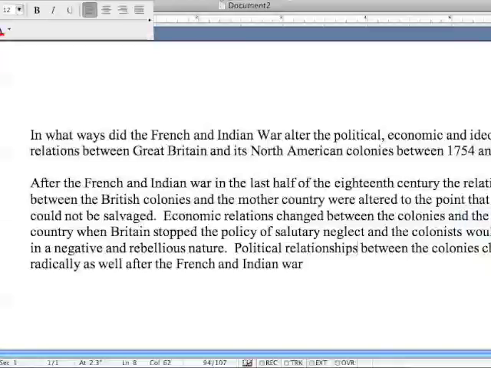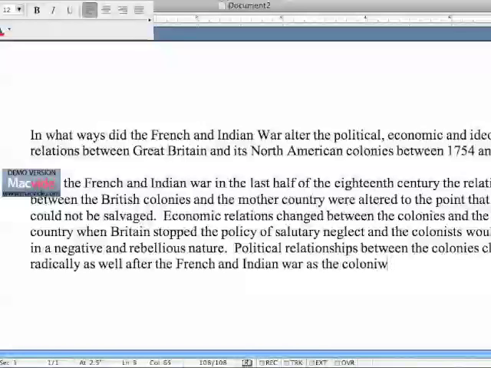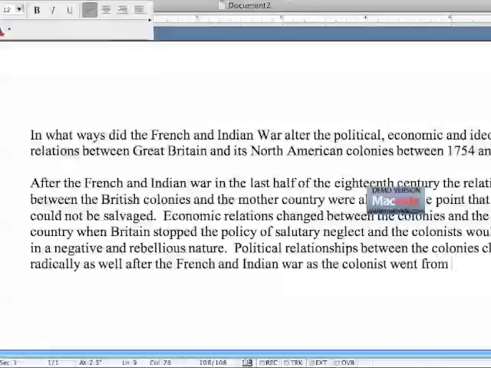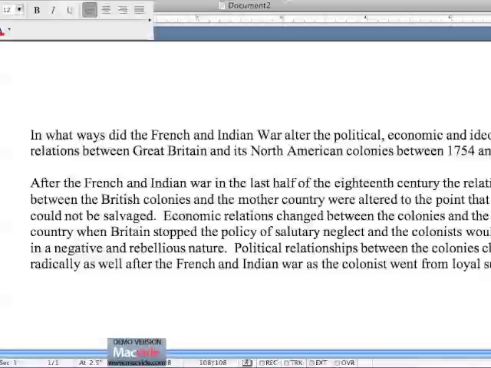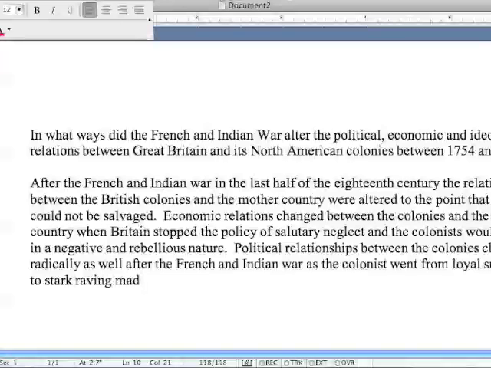And we're going to say, what happened? Well, as the colonists went from loyal subjects to stark, raving, mad sons and daughters of liberty.